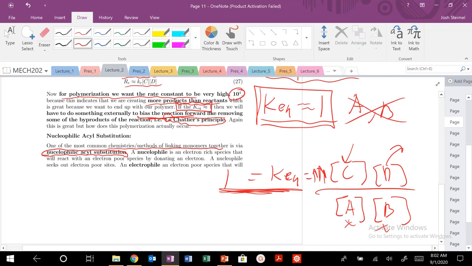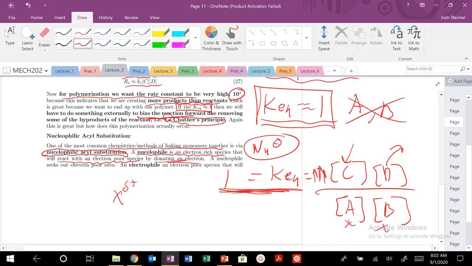First, hopefully you remember, a nucleophile is an electron-rich species. So a nucleophile will typically have some negative charge. It's rich in electrons, and it wants to react with an electron-poor species, something that probably has some partial charge, and it wants to donate that electron.